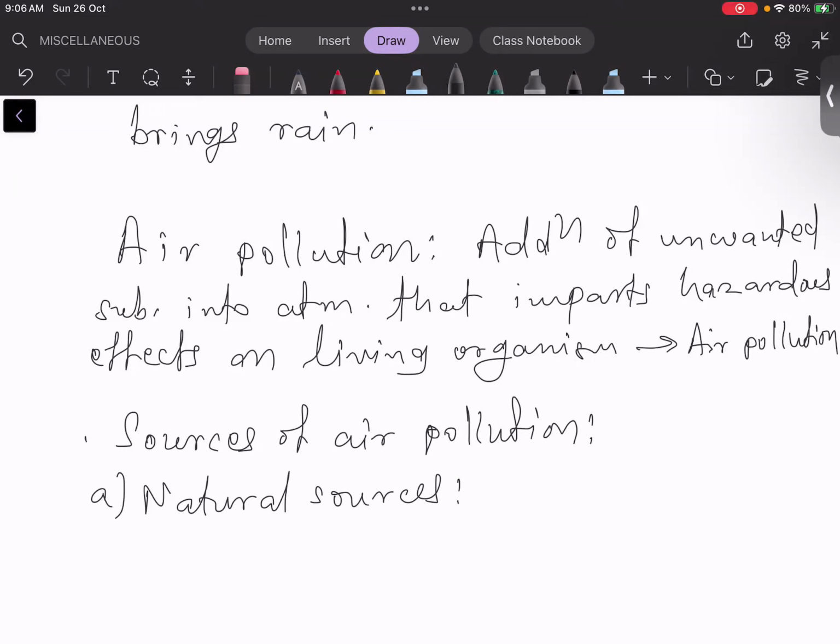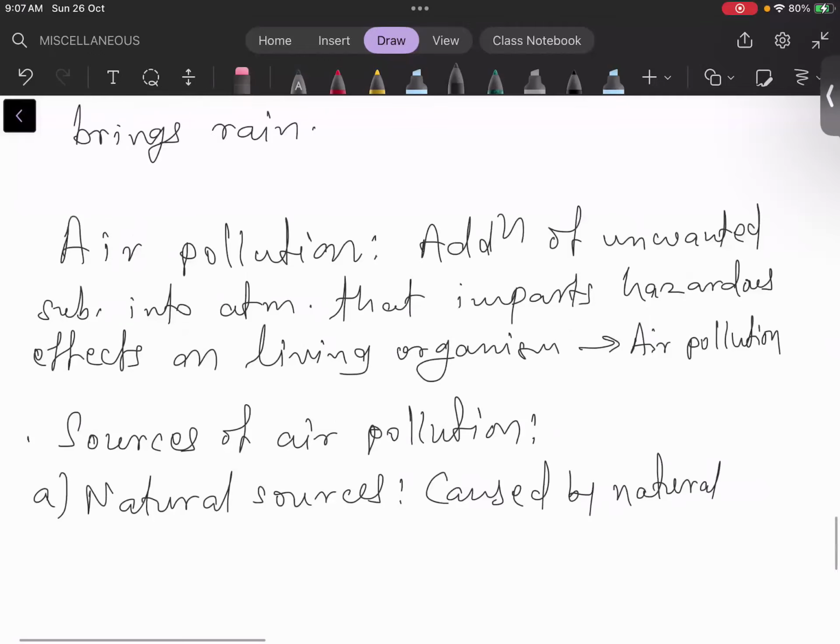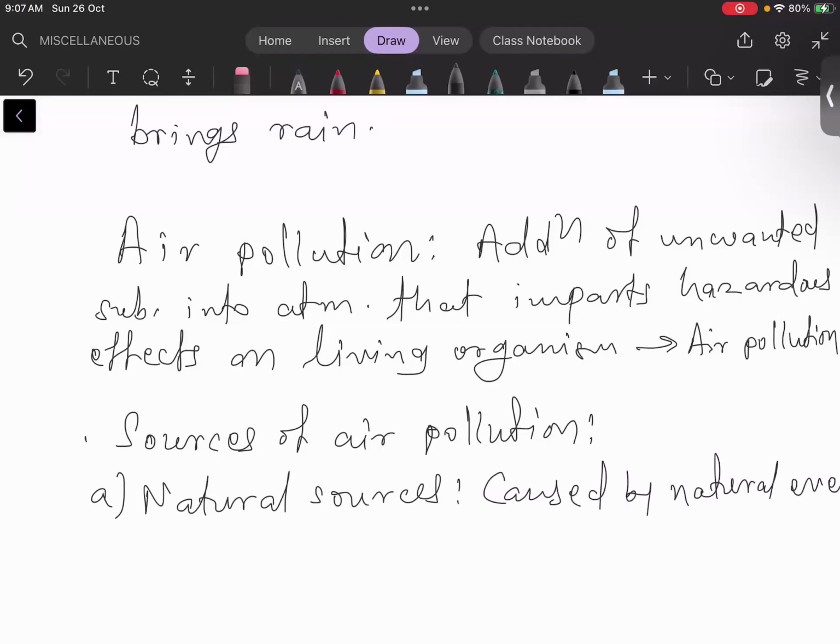Sources that originate from nature are called natural sources. They are caused by continuous and temporary natural events. Caused by natural events, it includes forest fire.